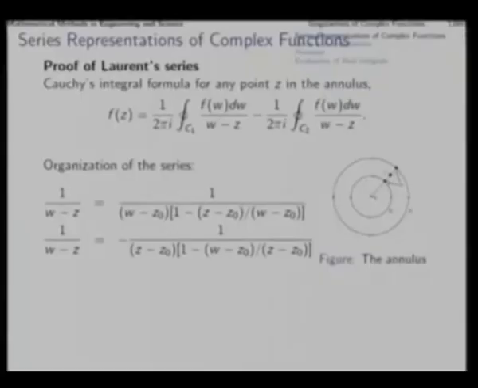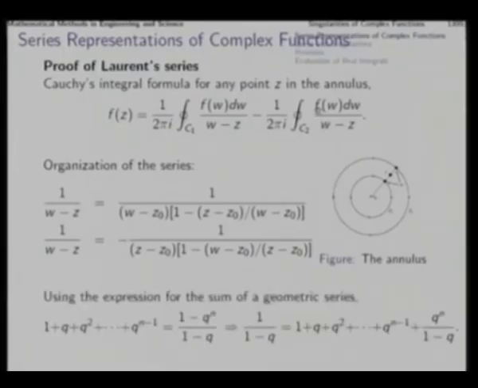Okay. Then we try to evaluate these integrals, with this 1 by w minus z for this integral, and with this 1 minus w by z for this integral. And there you see 1 by 1 minus something we have.